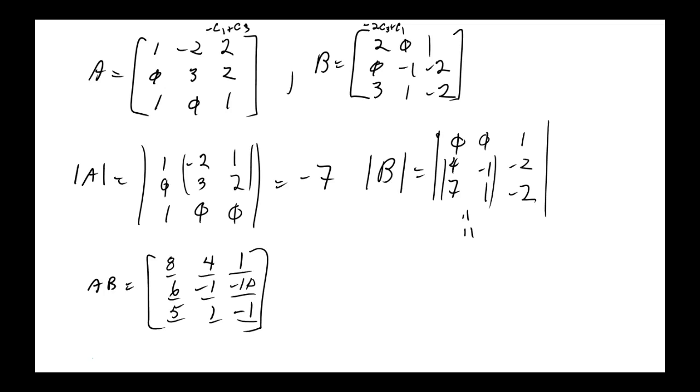I think I'd be tempted to use that middle row. Use 4 times row 2 plus row 1, and just add those two together. Let's see what happens there. 4 row 2 plus row 1.